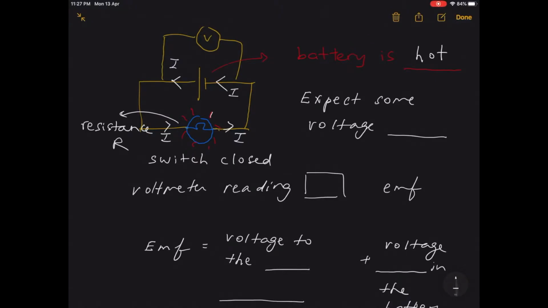So when heat is produced inside the battery, that means the battery has to use up some electrical energy for the charge to pass through the battery. So it looks like the battery itself has resistance. That's the reason why you expect some voltage loss.